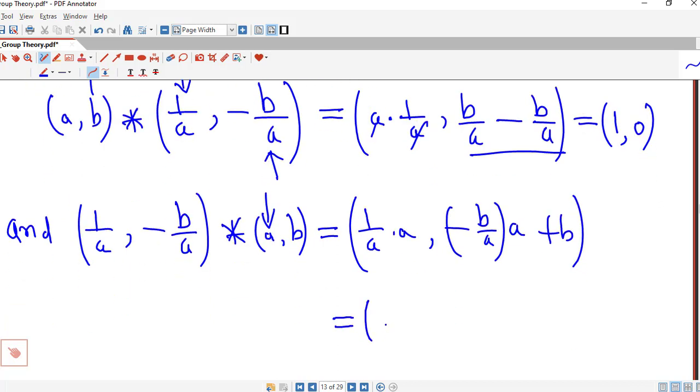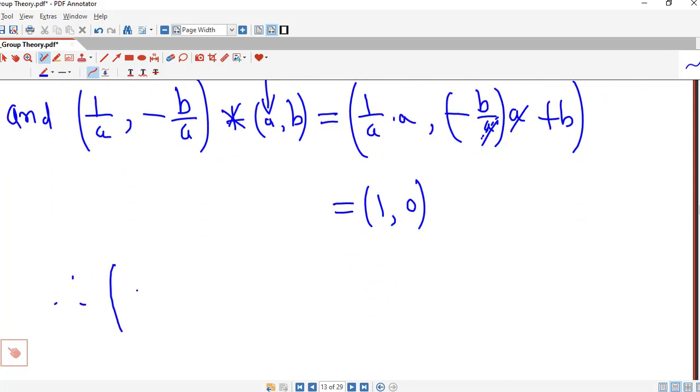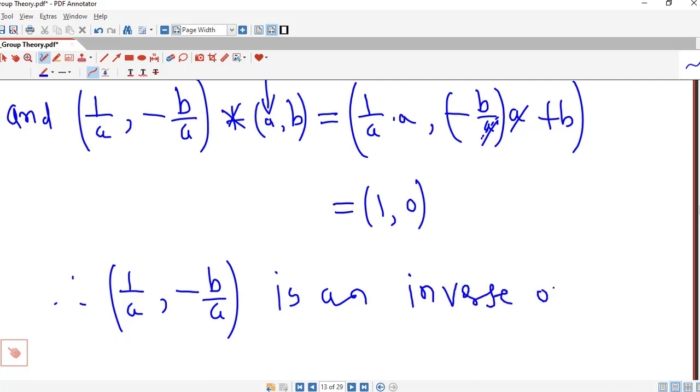Now because A is non-zero, this is 1, and here A will cancel out, so we will have minus B plus B, which is 0. So therefore we proved that (1 by A, minus B by A) is an inverse of element (A,B) in G.